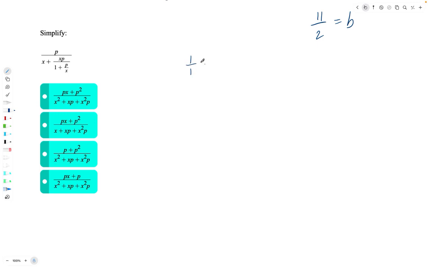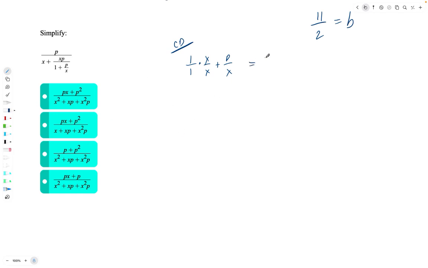1 over 1 times x over x plus p over x. We want to get the same denominator, right? Common denominator. So that's going to be x plus p over x. And that takes the place of this right here. So now we have p over, actually I'm going to write that down here a little bit.